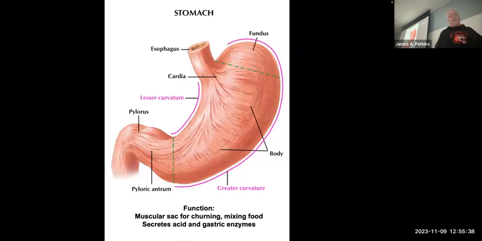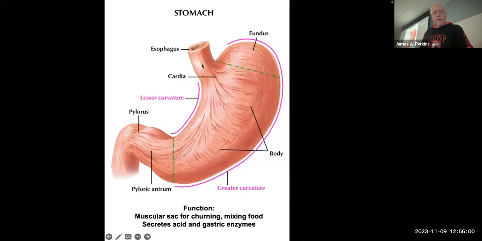And then we'll also talk about some of the accessory organs like liver, gallbladder, pancreas and spleen. So here, of course, is the stomach. You've got the esophagus coming down through the diaphragm and poking through what's known as the esophageal hiatus, just a gap in the diaphragm.